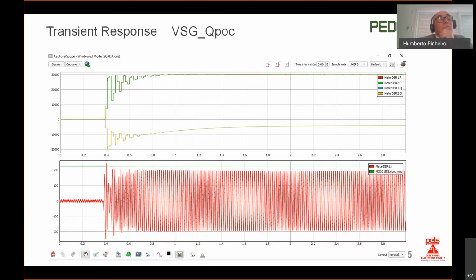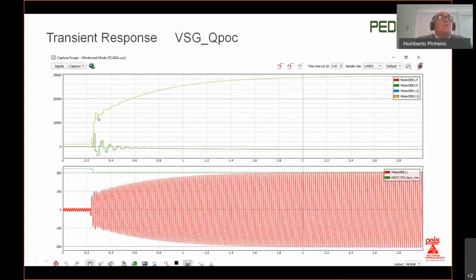So I wouldn't say that it's another mode, so you have to represent it in a different way. Anyway, it's interesting to note this difference. Here also, if the voltage drops, it almost instantaneously provides some reactive power, up to 20% in this case, and then it provides the rest of the reactive power and converges to steady state.